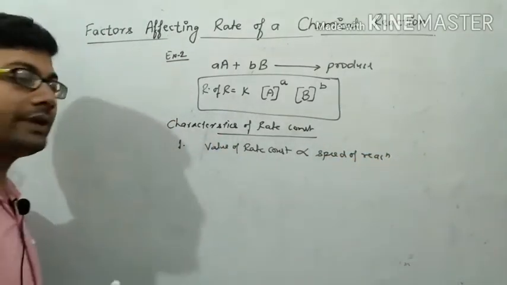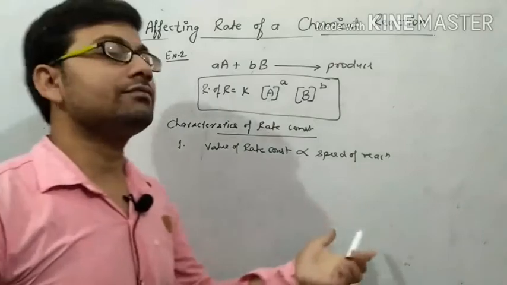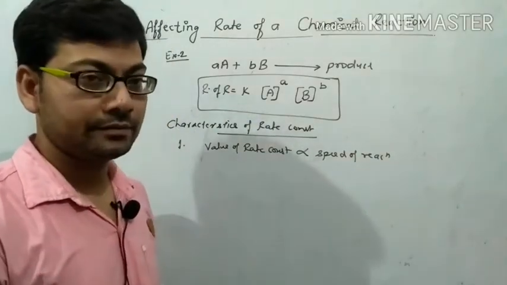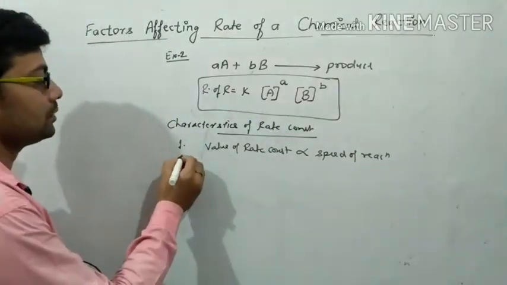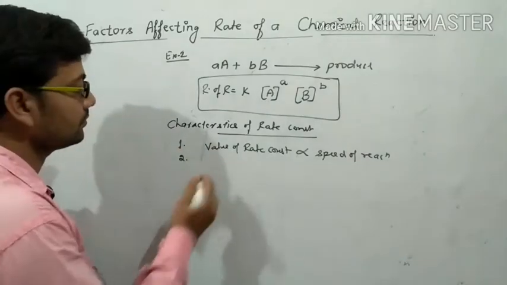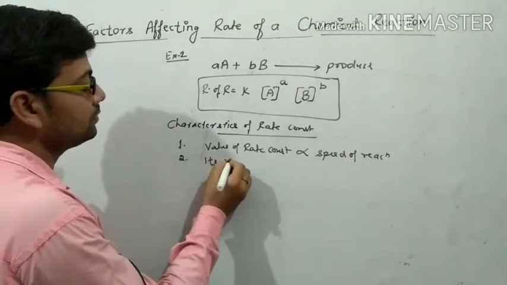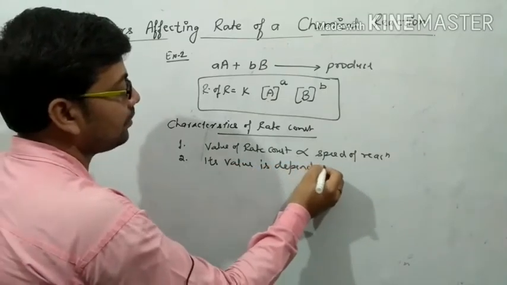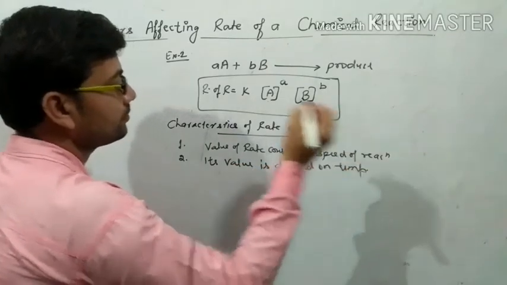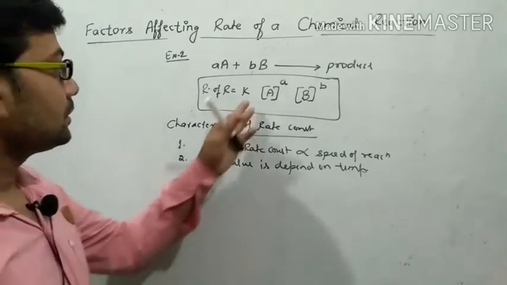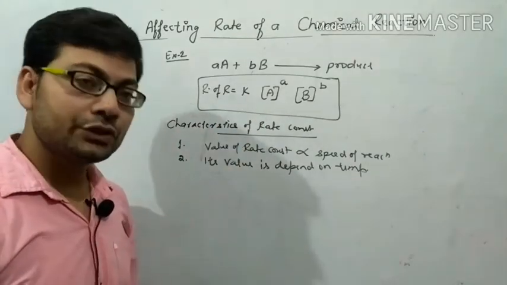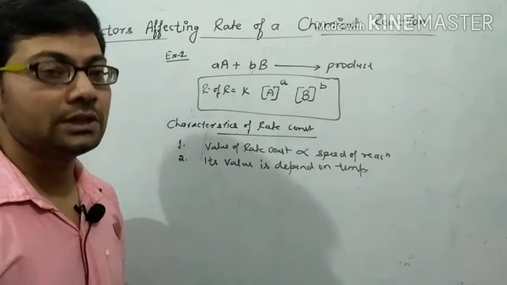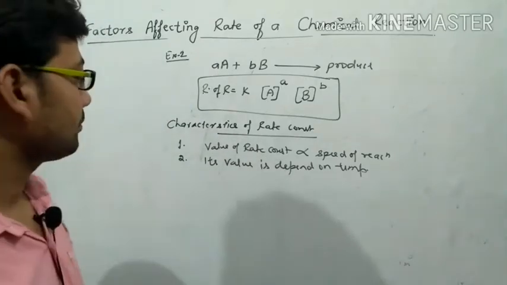Means the higher the value of rate constant, the higher the speed of that reaction. Second, its value depends on temperature. Means the value of rate constant changes with change in temperature.